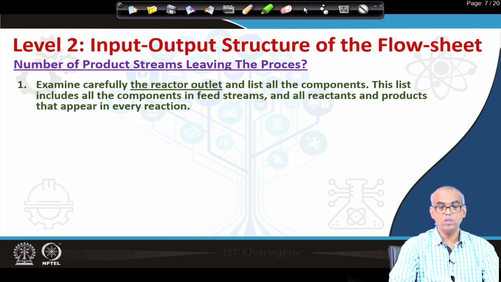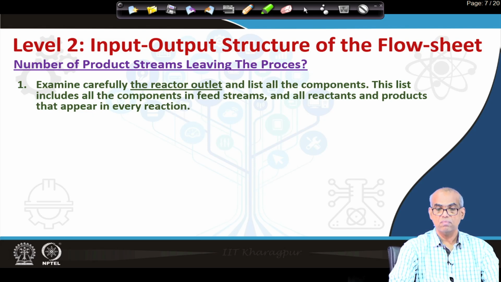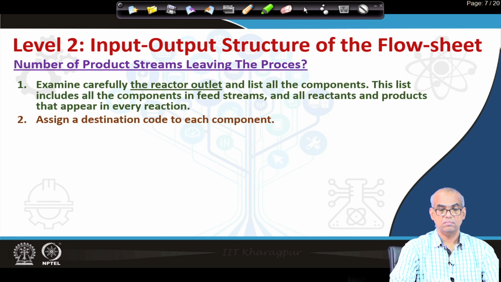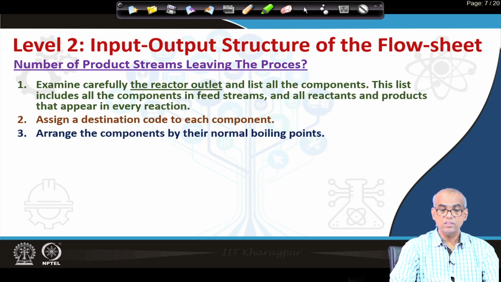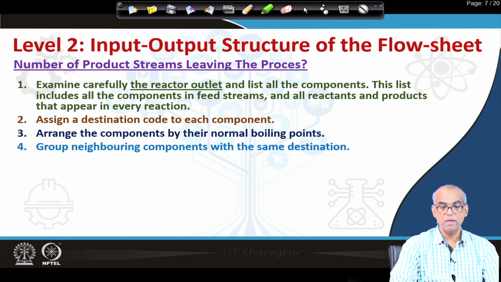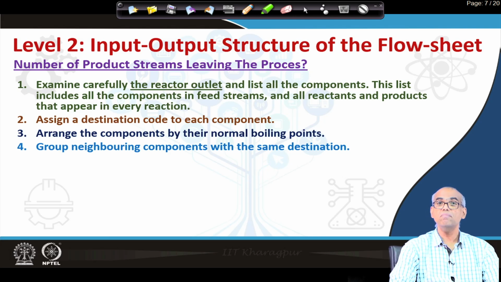This list includes all the components in the feed streams and all the reactants and products that appear in every reaction. Assign a destination code to each component. Arrange the components by their normal boiling points and group neighboring components with the same destination. We will see what those destination codes are in the next slide.